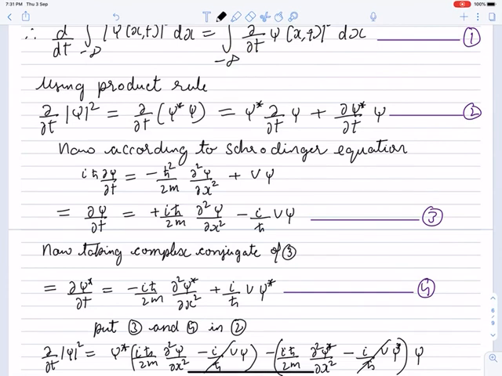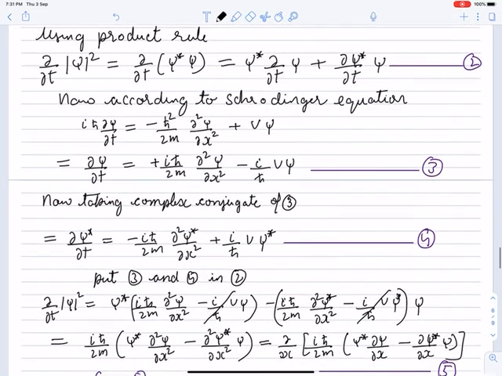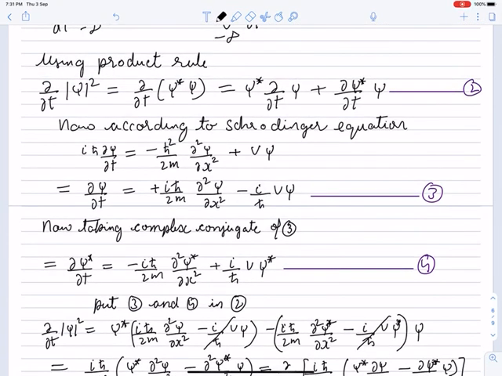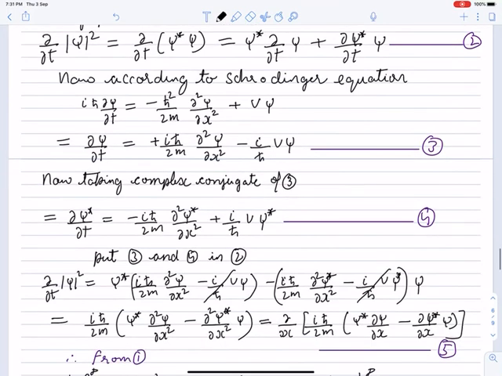So the complex conjugate of equation number 3 gives equation number 4. Taking the complex conjugate is simple: wherever there is a positive imaginary part you convert it to negative, and real remains real. So plus iota converts to minus iota, and minus to plus. So you get equation number 4.